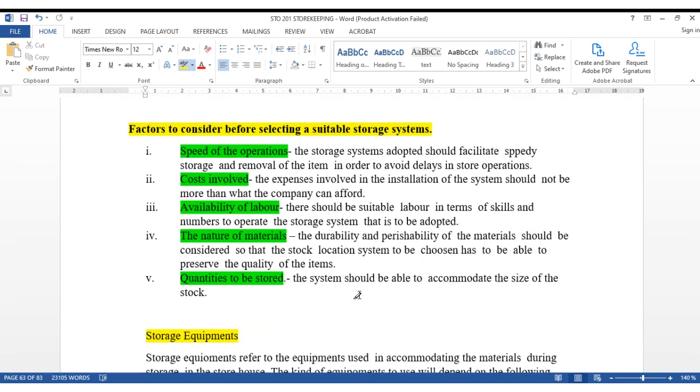And fifthly, we talk of quantities to be stored, how much of our items need to be stored. The system should be able to accommodate the size of the stock. That is very important. So whether it's manual, whether it is mechanical or computerized, they should be able to handle all the materials that are needed.